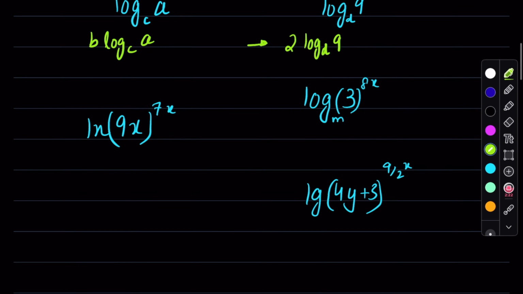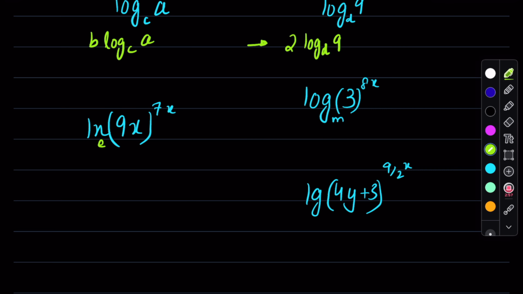That wasn't difficult, right? So ln of argument 9x whole power 7x. What will we do right now? Of course, we will follow the same pattern. What does ln mean? The base e is implied in the function ln. That doesn't help in this case, but 7x is the power of the entire logarithm function.